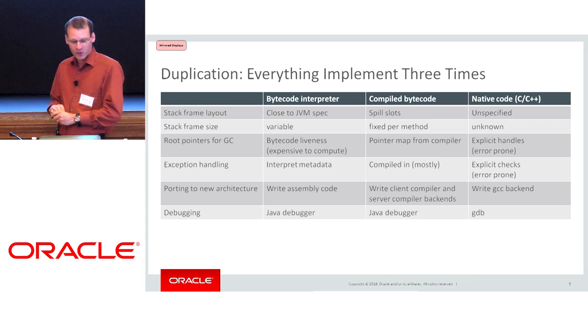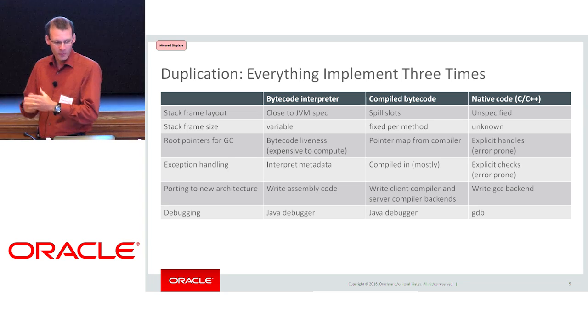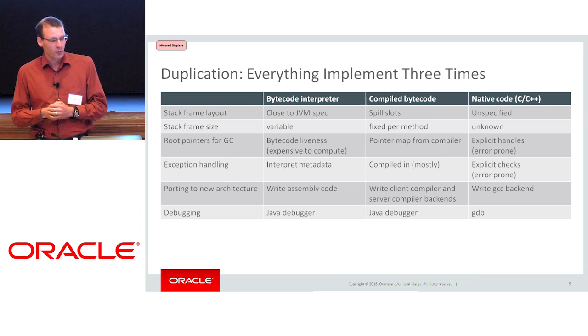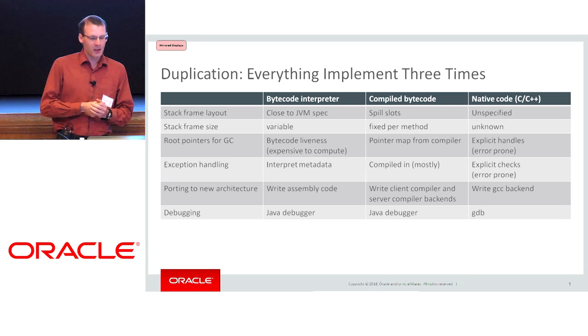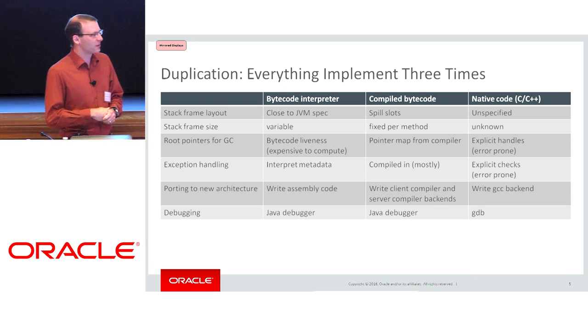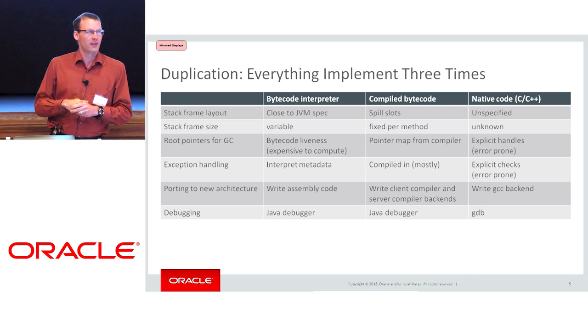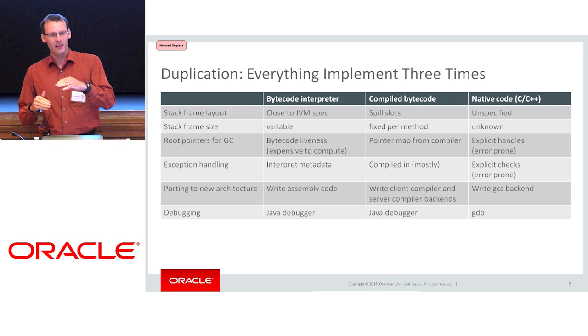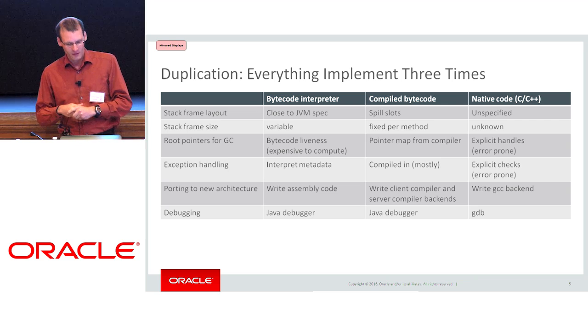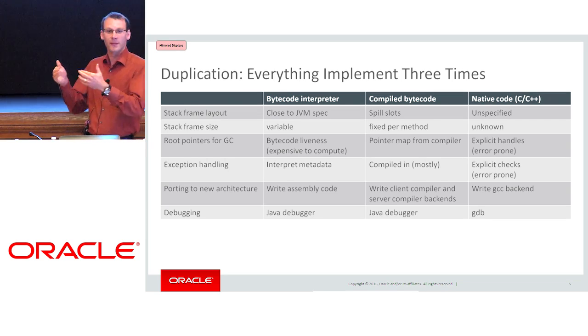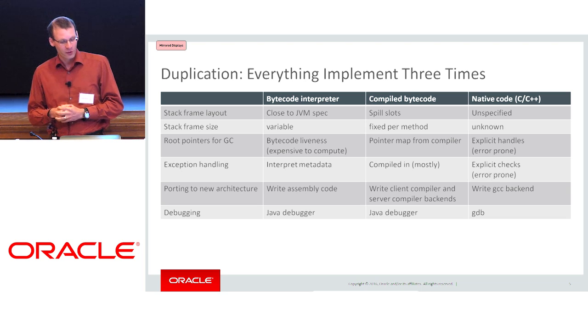If we want to do exception handling in Java, first about root pointers: in the bytecode interpreter, we have to do some liveness analysis during garbage collection to find out which of our local variables are currently objects and which are non-objects. So we have to do some expensive computation during garbage collection.